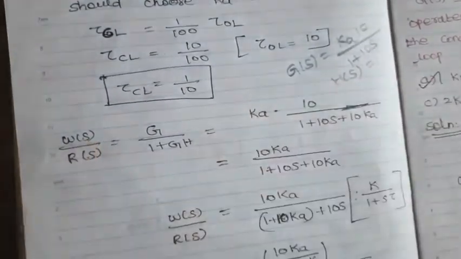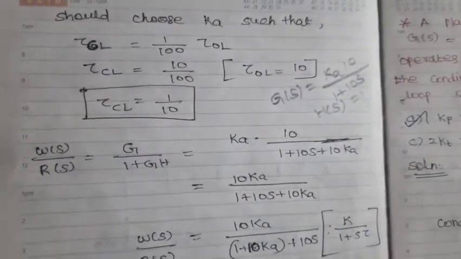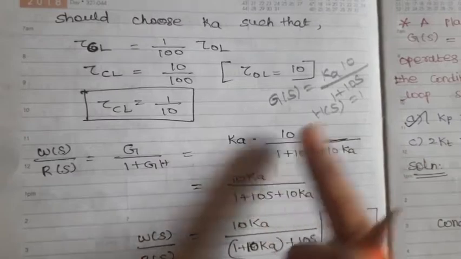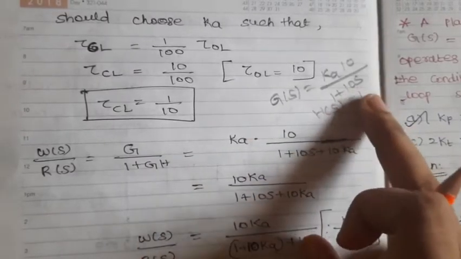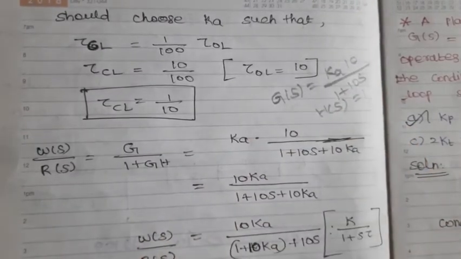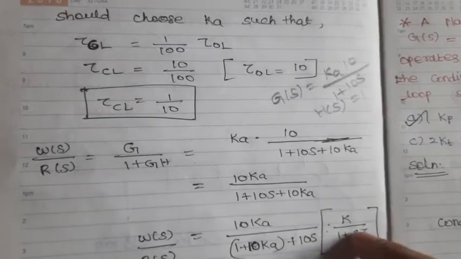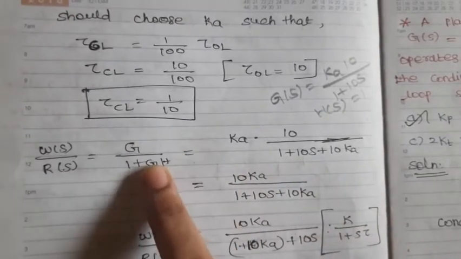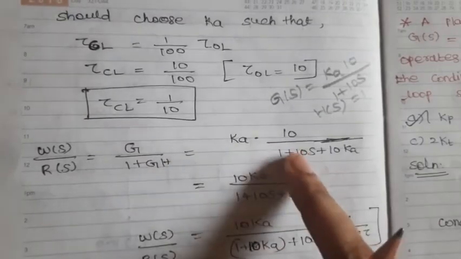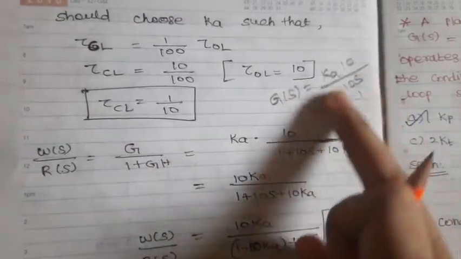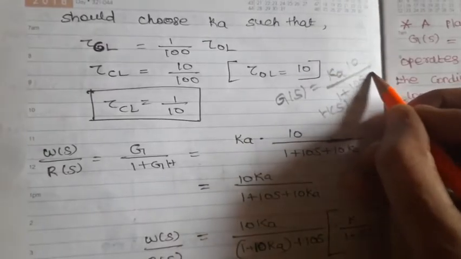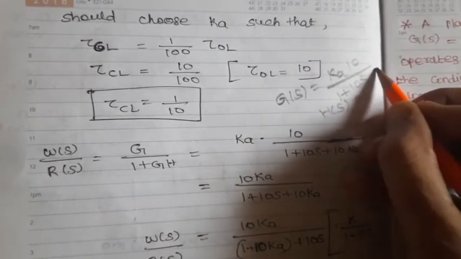Okay, so how can we find G divided by 1 plus GH? Whenever it is unity feedback, as we have already taught in our previous videos, we should not apply this equation and waste our time. When it is unity feedback, just add the numerator term in the denominator.